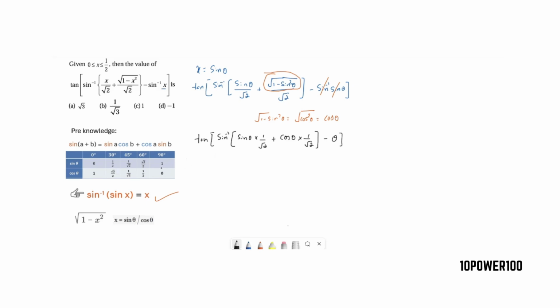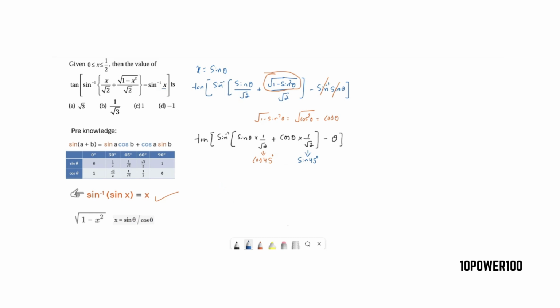Now already we have observed sine 45 is 1 by root 2 and cos 45 is 1 by root 2. So what I'm going to do is, in place of 1 by root 2, I will write cos 45 degree, and in place of one more 1 by root 2, I will write sine 45 degree.